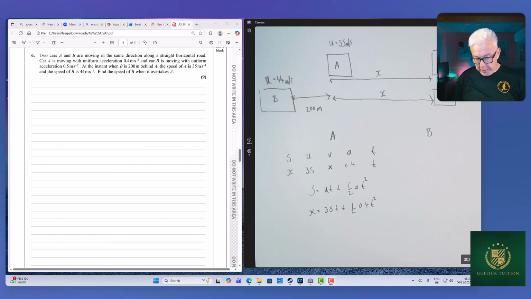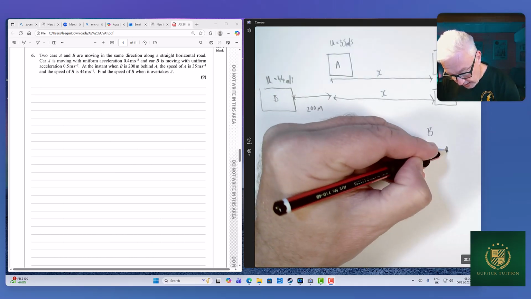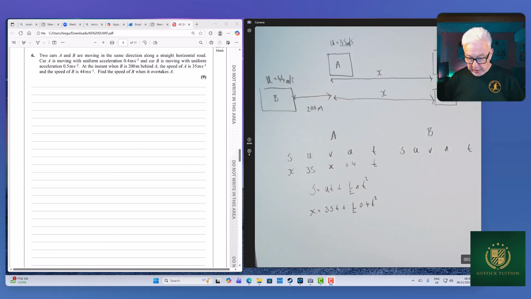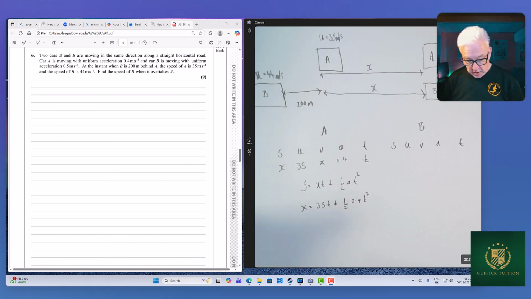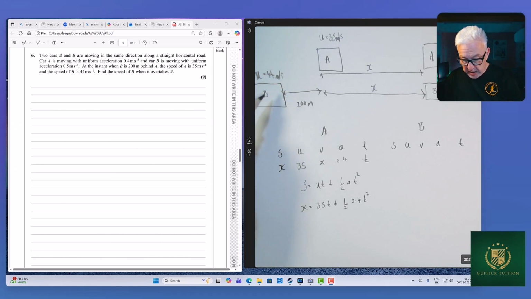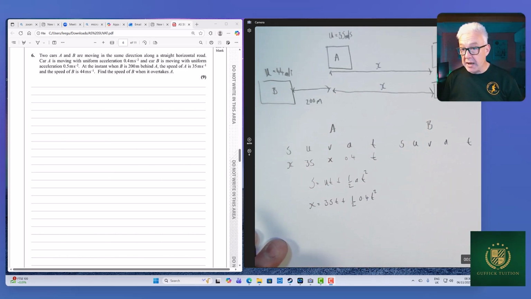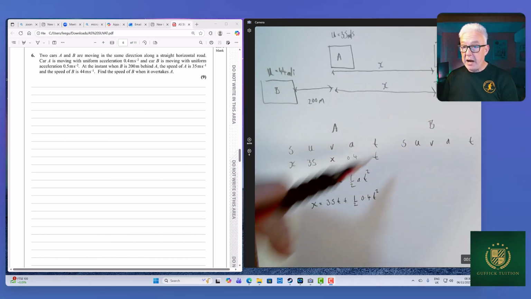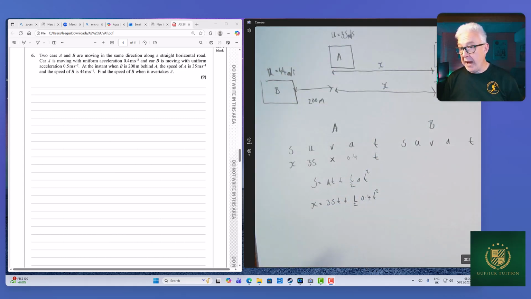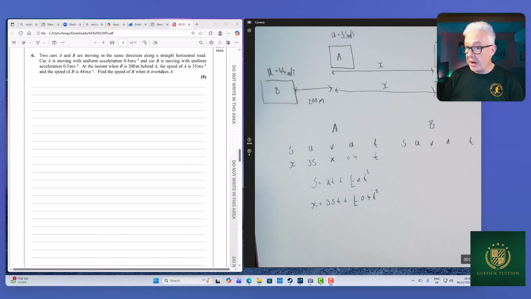Now let's think about B. Let's write down SUVAT. I think this is the trickiest bit of this whole question. From the starting point, B has moved that same distance X, the same as A has, but in order to be parallel with A, it has to have also covered the additional 200 meters that it was behind.